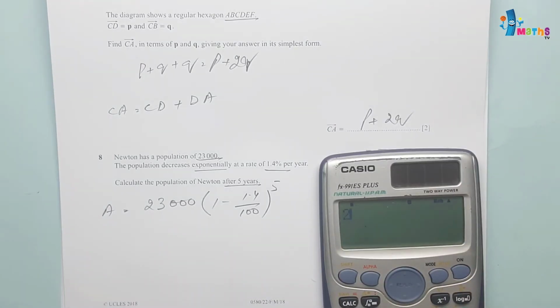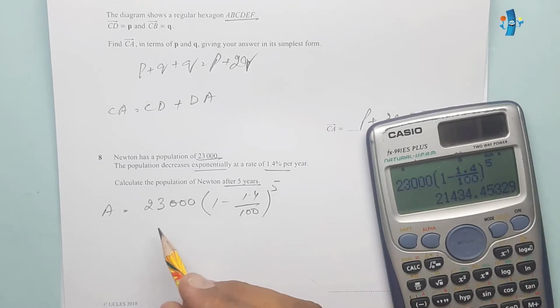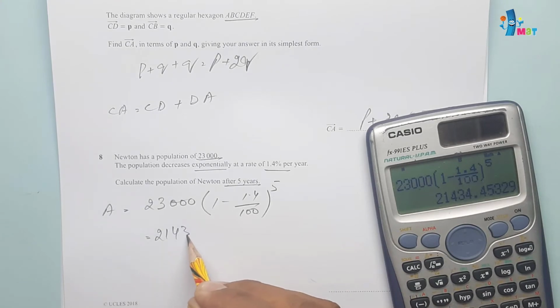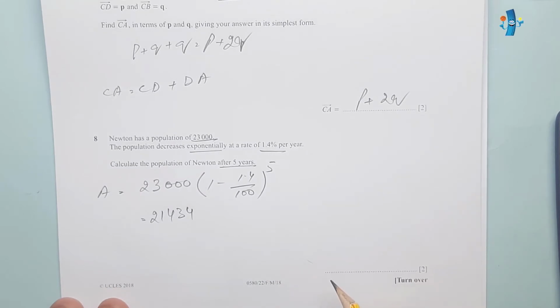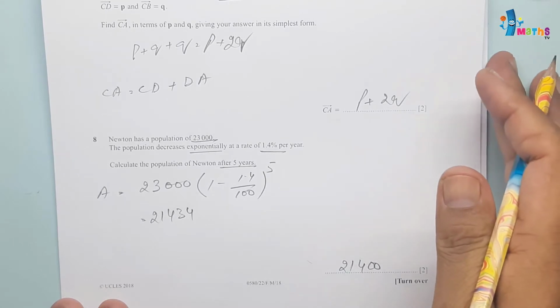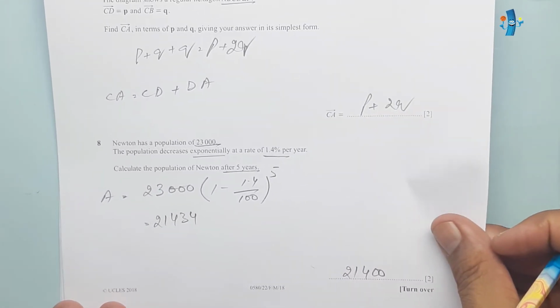So we calculate 23,000 into 1 minus 1.4 divided by 100 and whole raised to the power 5. This will be equal to 21,434, and if we round our answer, we can write 21,400. This will be the population after 5 years.